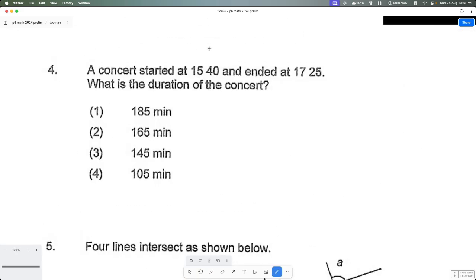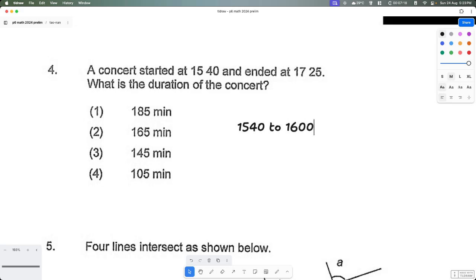A concert started at 3:40 and ended at 5:25. What is the duration of the concert? So over here, 1540 to 1600, I always like to do this, is basically 20 minutes. 1600 to 1725 is equal to 1 hour and 25 minutes.